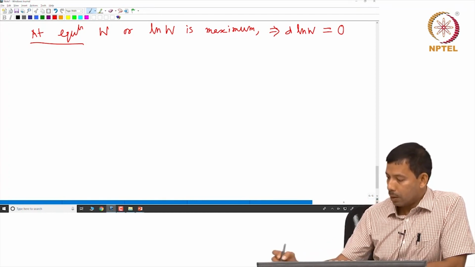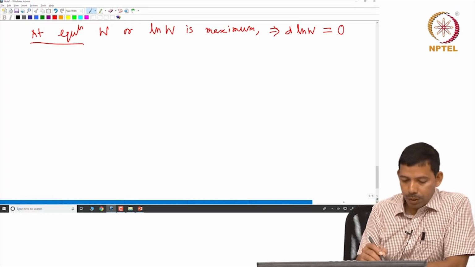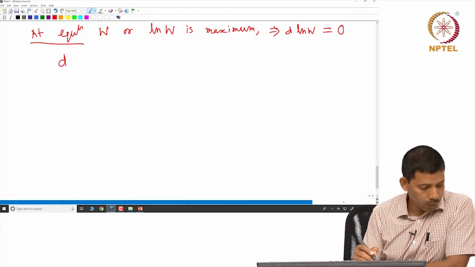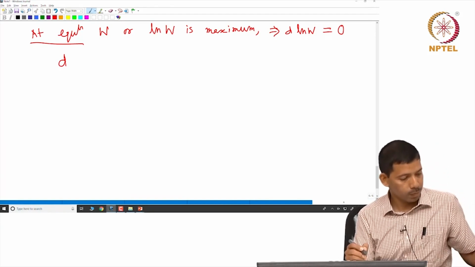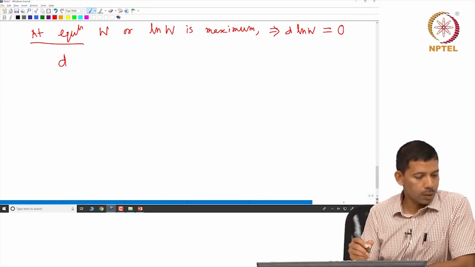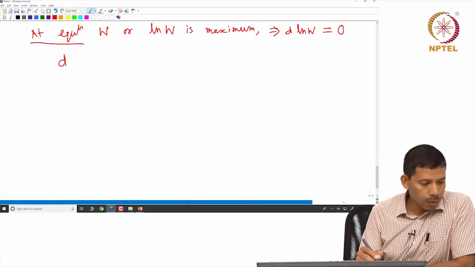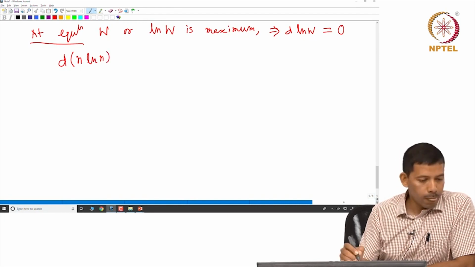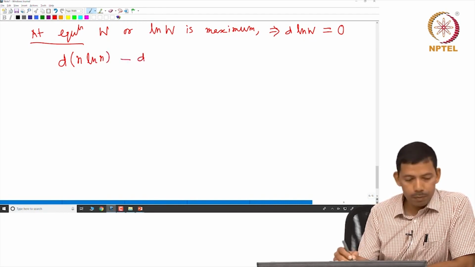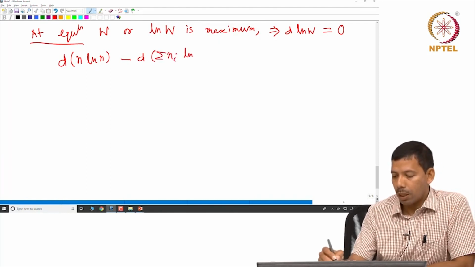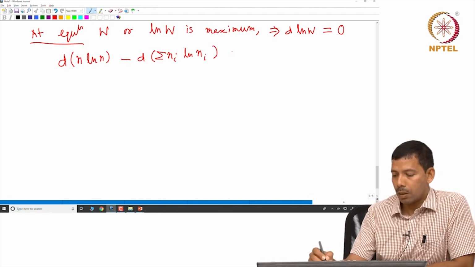So we can take the derivative of the previous expression, where we had d of n ln n minus d of sum over ni ln ni, equal to 0.